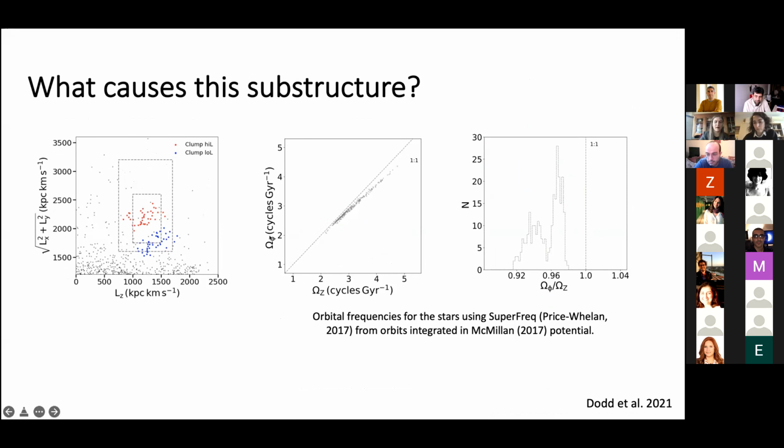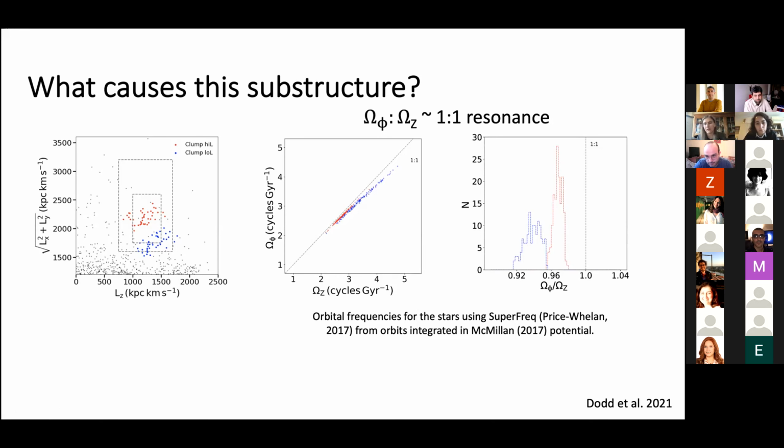So we look at the orbital frequencies here, which basically tell you how a star is oscillating above and below the disk and how it's oscillating around the galactic center. If you color these frequencies by which clump the stars are in, you can see that the stars in the higher angular momentum clump, so the red stars, seem to have different frequencies from the stars in the lower angular momentum clump, the blue stars.